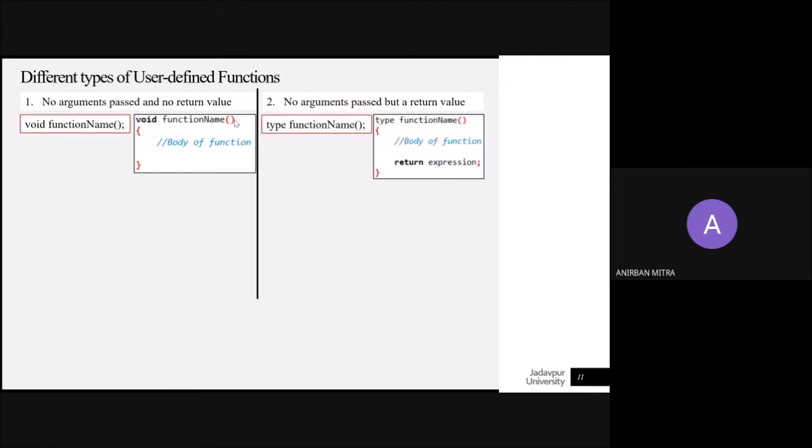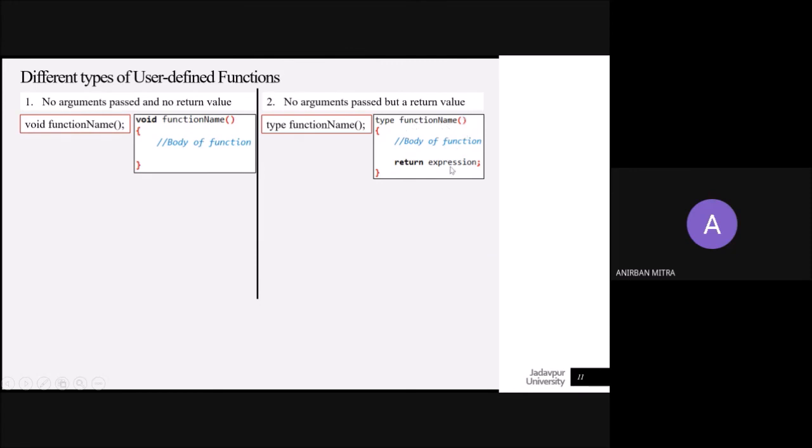Its syntax is type. That would be the type of the function, maybe int or float or something else, char maybe. Then the function name. Again, there are no arguments to be passed, so an empty parenthesis without the list. Here you have the definition, function name, empty bracket, body of the function.